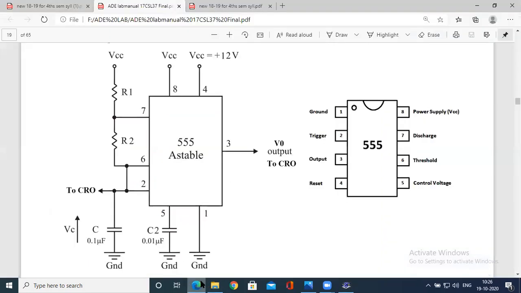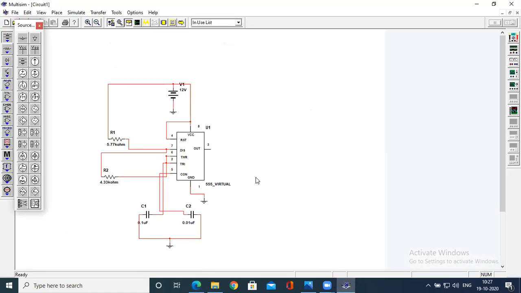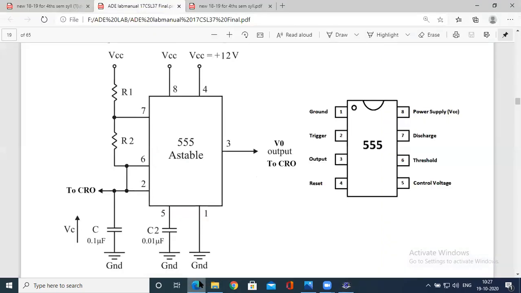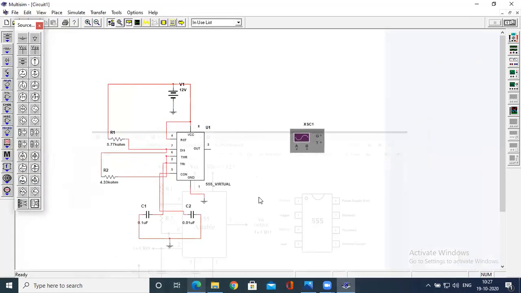Right, let me continue. So one end is grounded. Now see what is left. Pin 3 we have to connect to the CRO, and pin 2 to the input of the CRO. We take a CRO and connect the input and output. Pin 2 to the CRO, and pin 3 to the CRO.